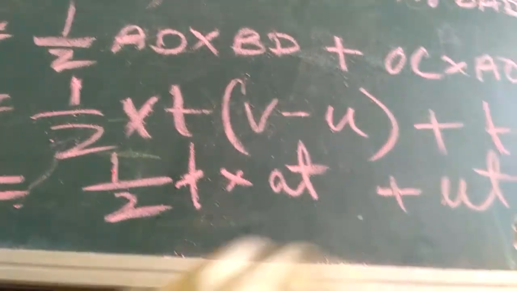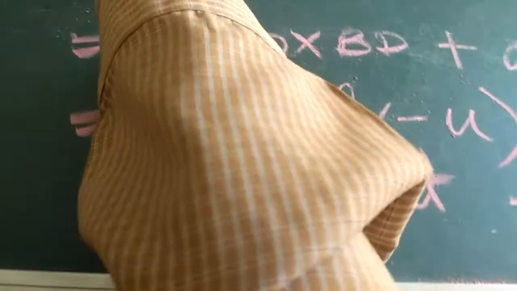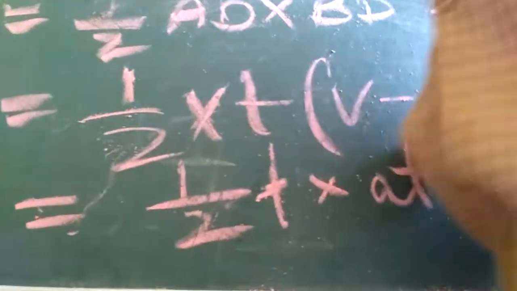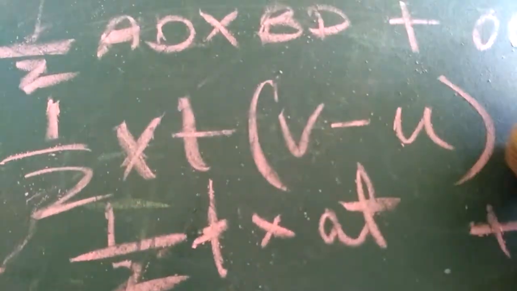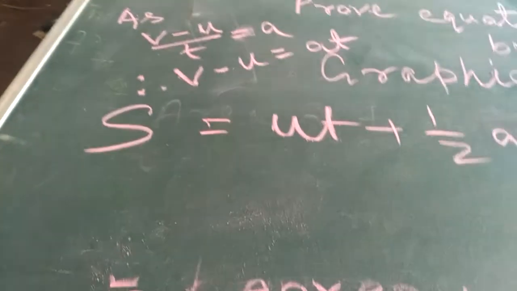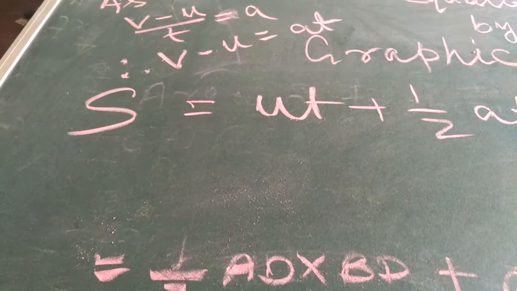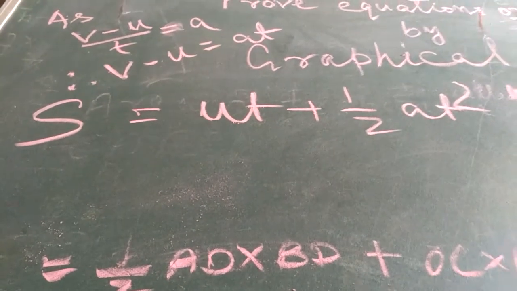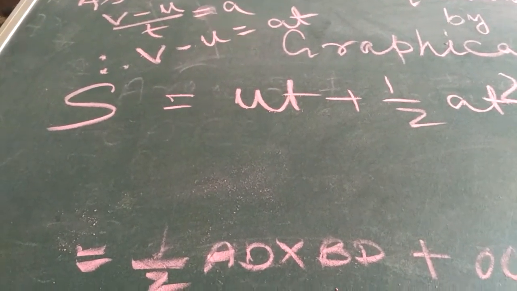S equal to UT plus half AT square. Understand? Sir, may you show the last line, please? Last line. Here.